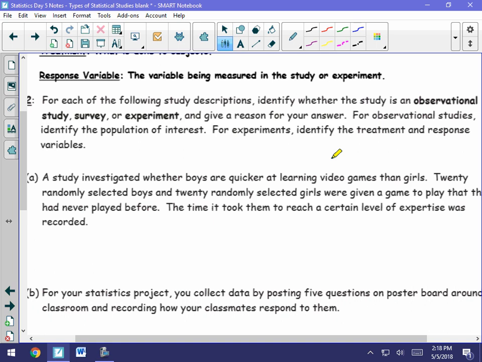You're asking yourself, well, was something actually done to the people in the study? And the answer is yes, because they were given a game to play. That's the treatment. And then the time it took them to reach a certain level of expertise was recorded. That's the response variable. So I would say this is an experiment, because something was actually done or asked of the people.